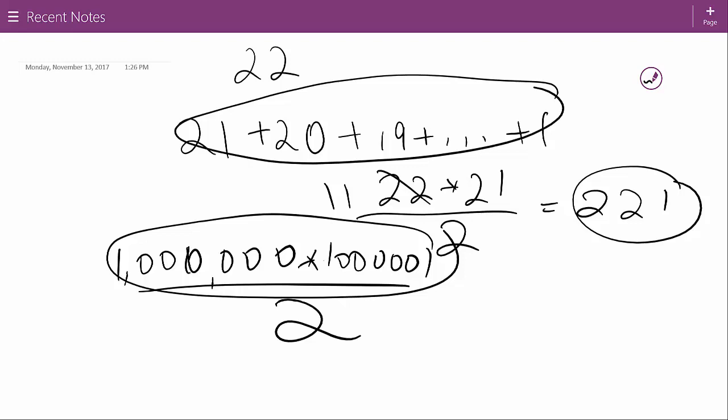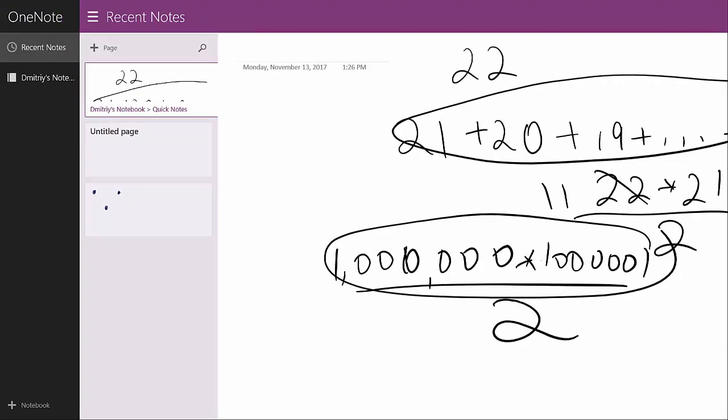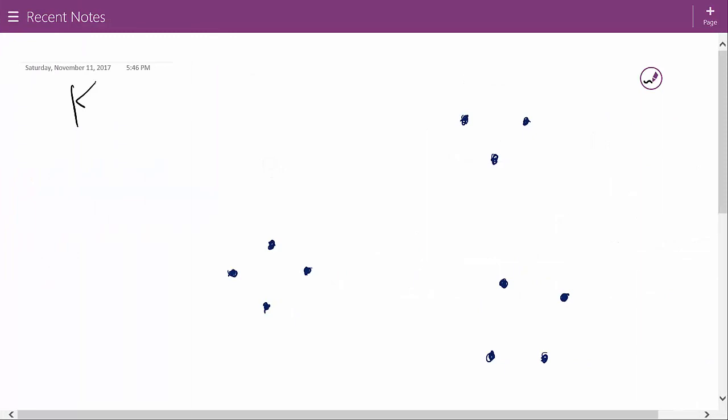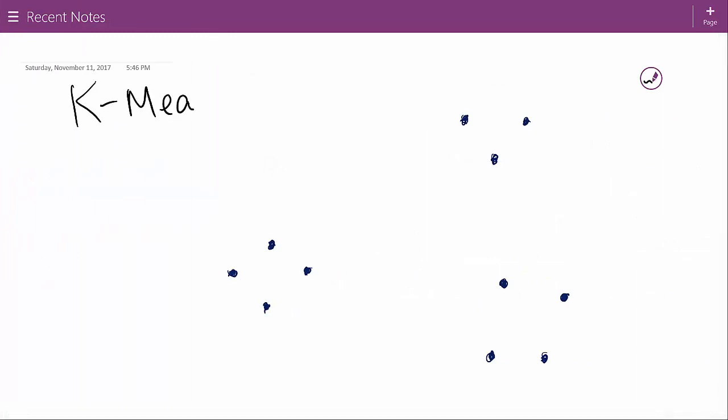Let's take a look at something that's called K-means. K-means is another clustering technique which is much more friendly in terms of computational requirements. It does not require quite as many computations as the hierarchical clustering.